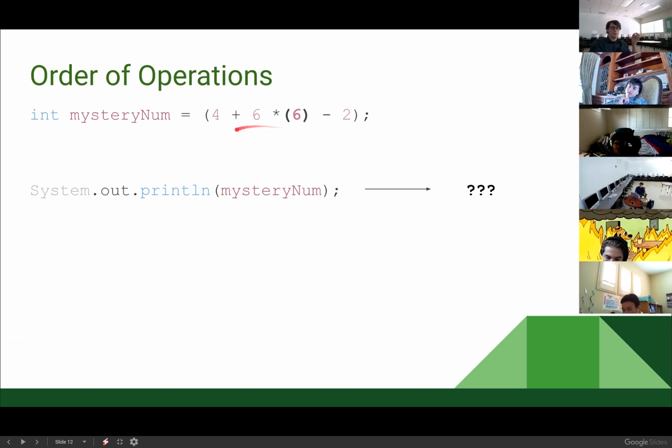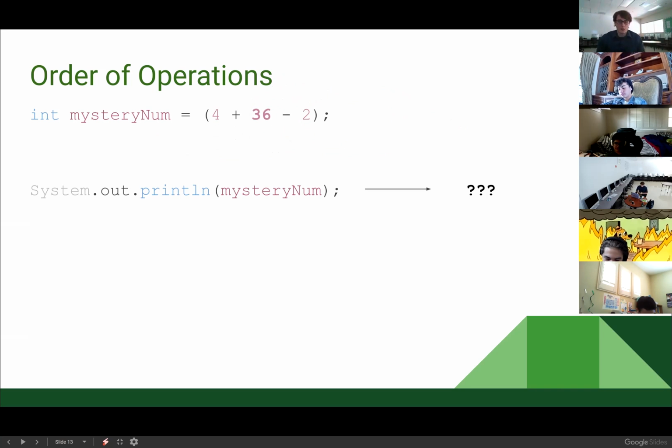Do we have any more parentheses? Do we have any exponents in here? Nope. The next is multiplication and division. So next we're going to multiply 6 by 6. 6 times 6 is 36.